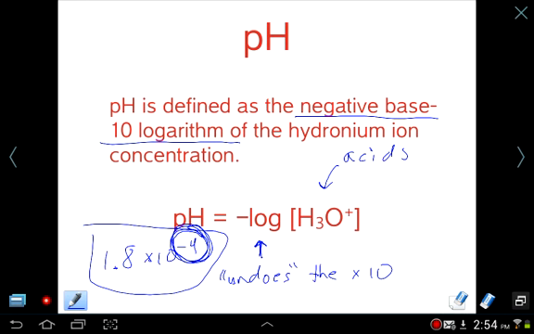But sometimes it's convenient to think of this as the power of hydrogen, of H+. Very often it is referred to as the power of H+ in solution, really how much H+ you have in solution.